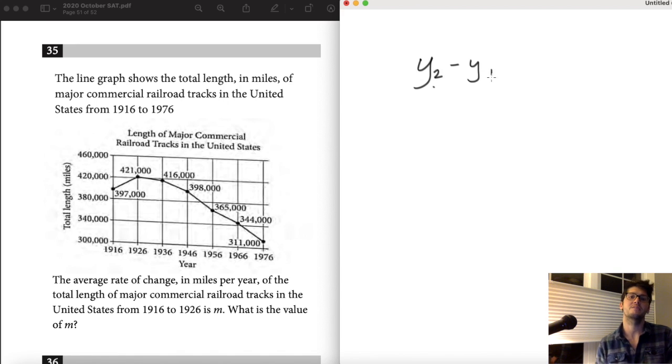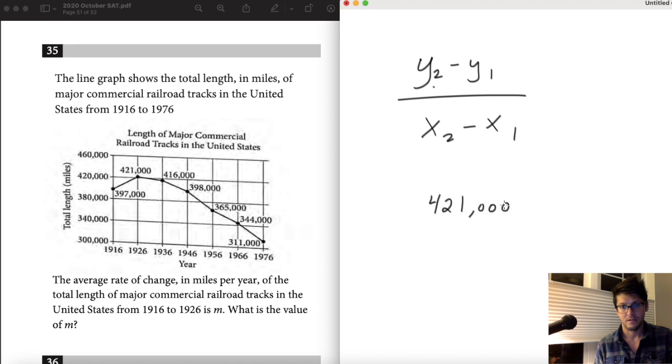Biggest mistake people make is mixing up x's and y's and putting these in the wrong places. So I'm going to take 421. I'm not even going to worry about the thousands. I will. And I'll put that over the x value of 1926. Minus, then put in the stuff for the other point. 397,000 over 1916.